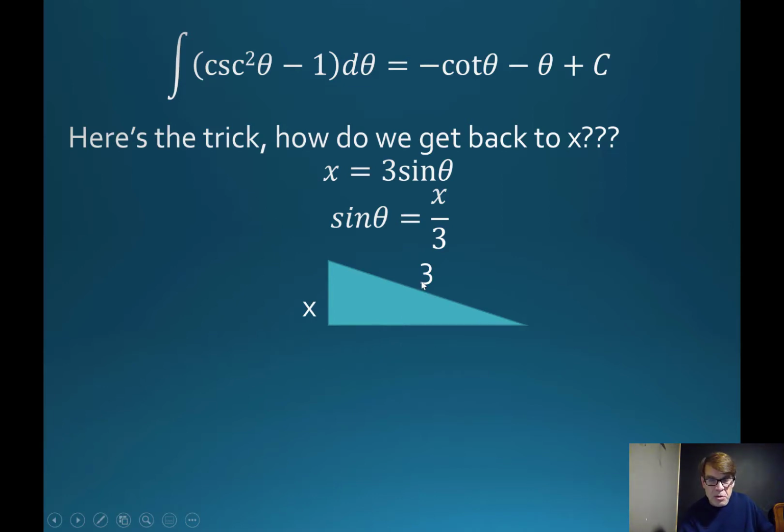Well, a squared plus b squared equals c squared. So x squared plus whatever this is equals 9 squared. Well, if we do a little algebra, what we'll find is that this side is the square root of 9 minus x squared. So x squared plus this squared equals 9, it all works out. Let me pause for a moment because I want to point out something.